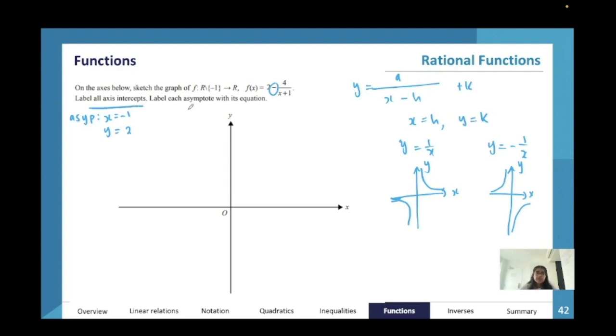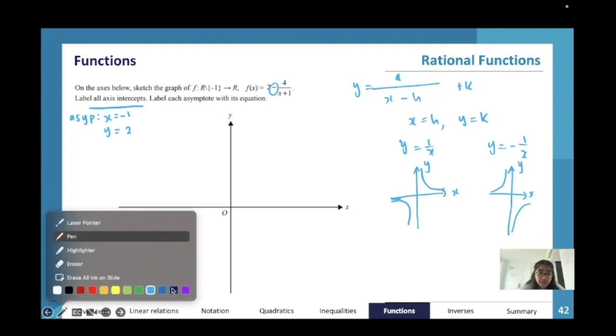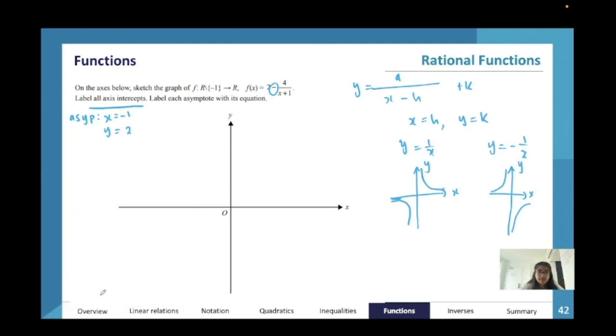Okay, cool. So first, I'm going to put my asymptotes in. I want to make them very, very clear, so I'll do it in red because those asymptotes are probably the most important part of my graph. When we draw asymptotes, we use a dotted line. So for example here, y equals 2, x equals -1. Let's do x equals -1 first. Might be here.